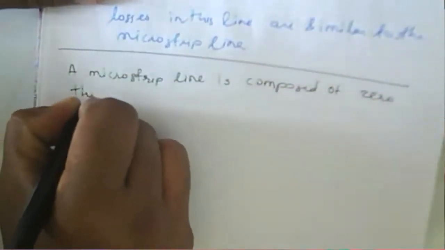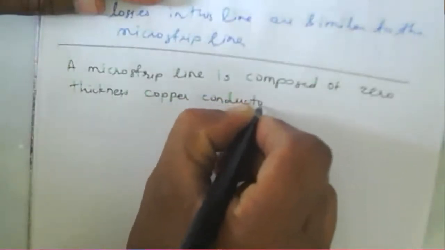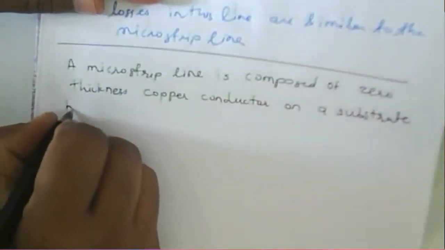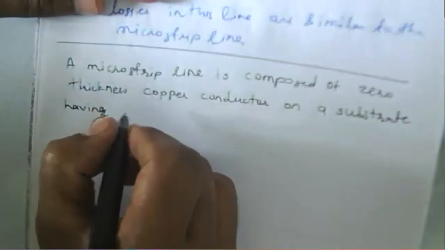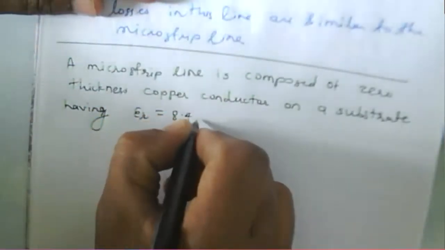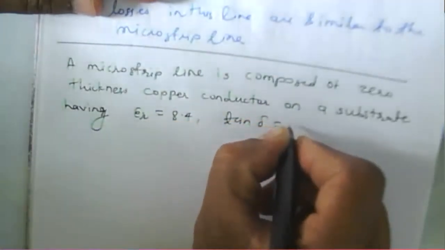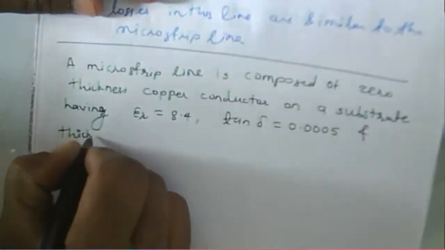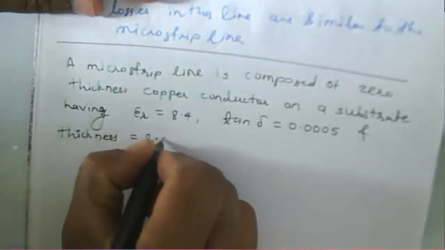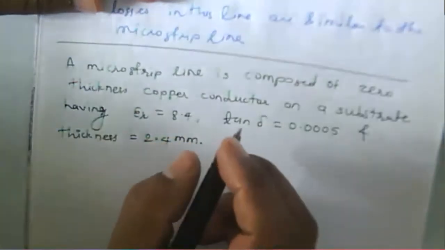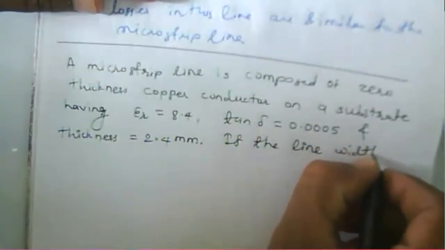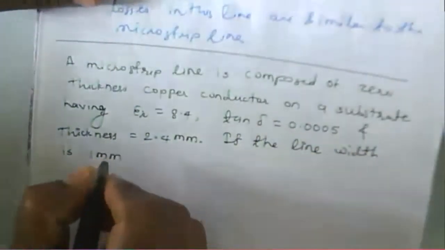So now a microstrip line is composed of zero thickness copper conductor on a substrate having epsilon r equal to 8.4, tan delta equal to 0.005, and thickness equal to 2.4 mm.